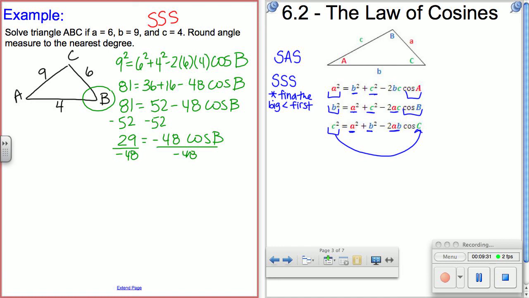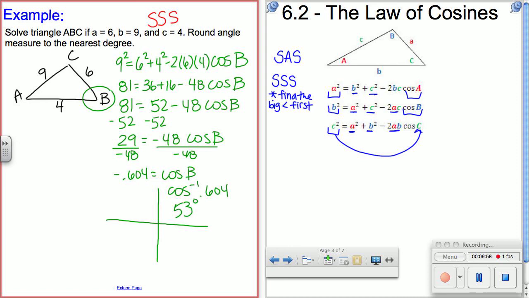Now, when I do the cosine inverse, remember, even though I want the answer to be negative, I'm going to start by doing the cosine inverse of the positive and get the quadrant 1 answer. When I do that, I get the quadrant 1 answer to be 53 degrees when I round to the nearest degree.